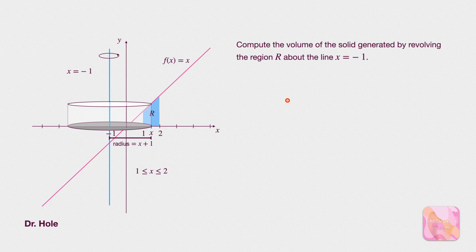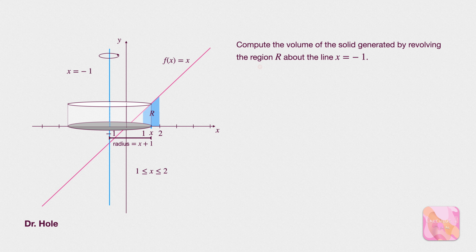So here is, in words, the task in front of us. Compute the volume of the solid generated by revolving the region R about the line x equals -1. Okay.